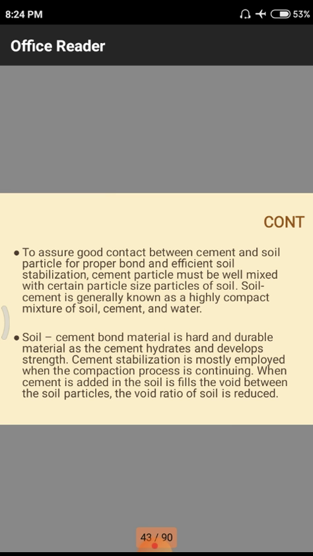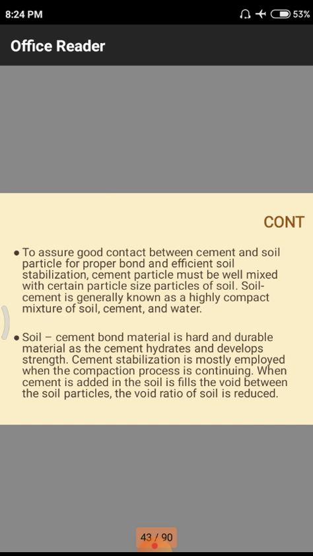Why? Because in the previous case we are not doing compaction, we are simply mixing the soil profile with the lime content. Because lime has more ionic properties, but in the case of cement there are no ionic particles, only reacting particles. So we need to compact and spray a particular quantity of water on the surface of the earth, then only it will get the strength.